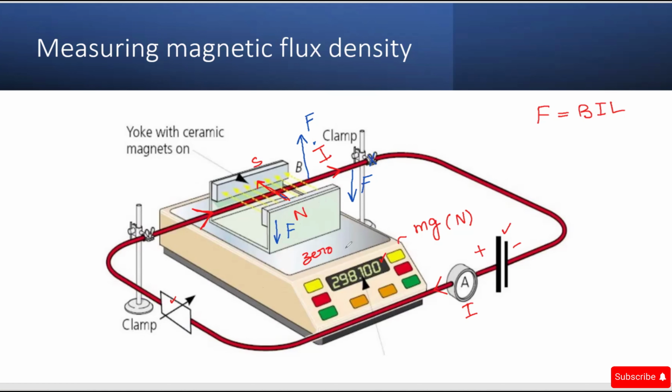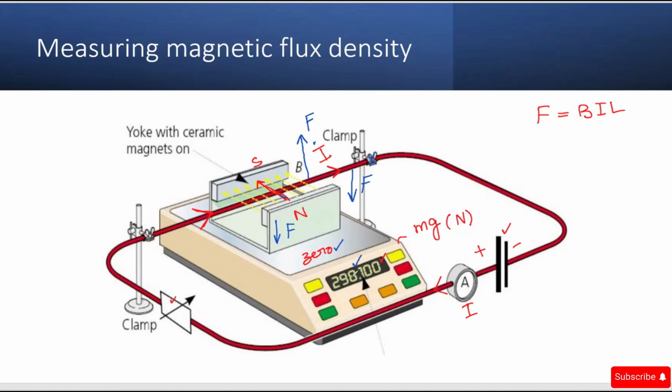Before starting this experiment, before giving current to this wire, we put our scale at 0. Now you can understand that whatever the force is on this bar magnet will actually appear on the scale as the mass.